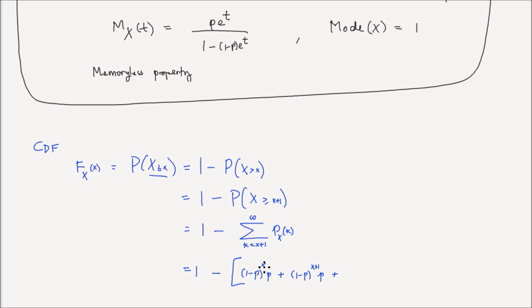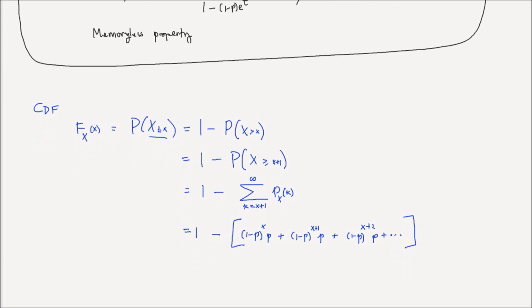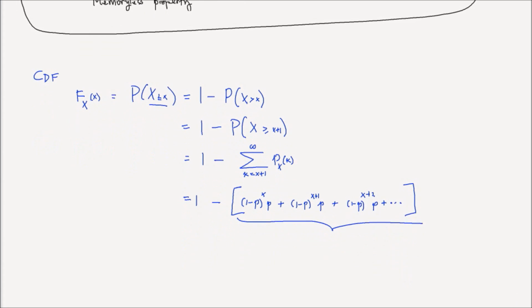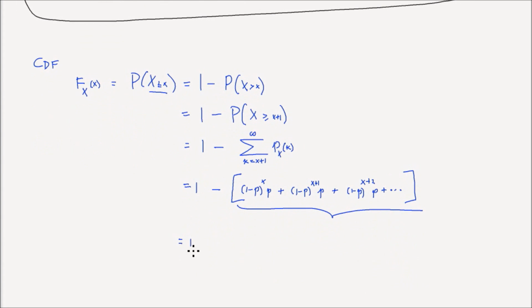When you plug in x plus 3 for k, you get 1 minus p to the power of x plus 2 times p, plus, and so on. What is common to all these expressions is that 1 minus p to the power of x and p are in every term. So I can take them out.